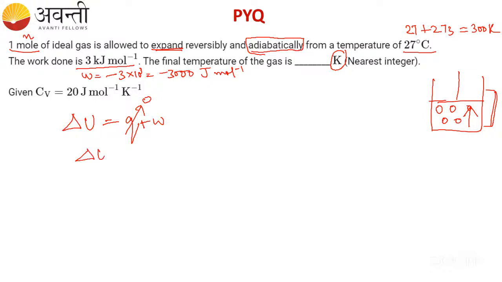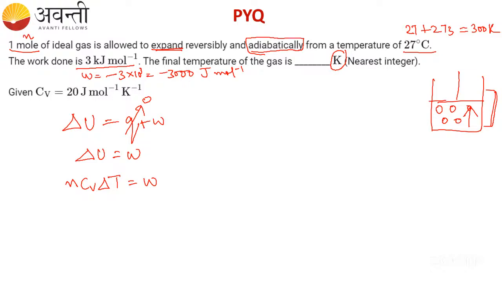So delta U is equal to W. What is delta U? We have one more formula to find delta U. It is n CV delta T, which is going to be equal to W. Now from this you can find out the answer.